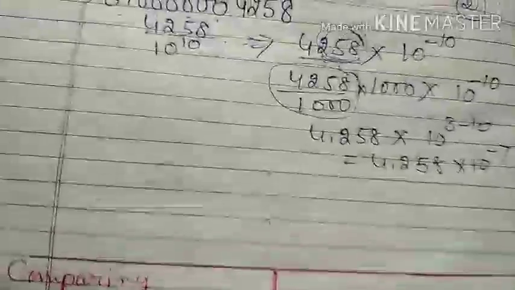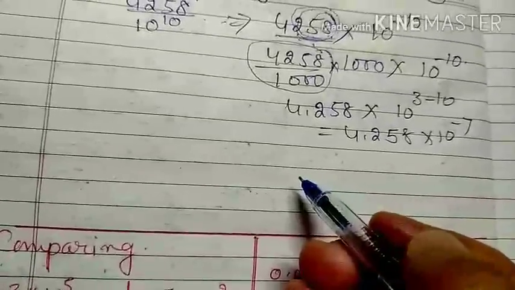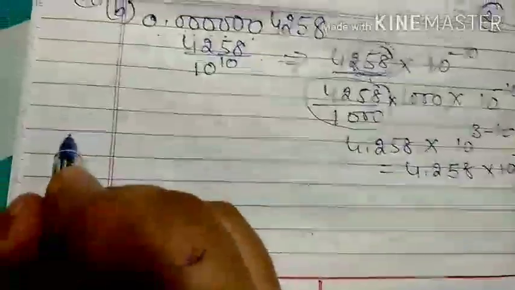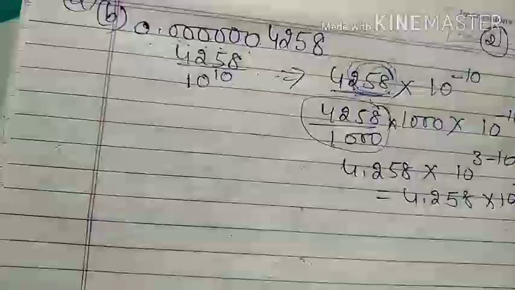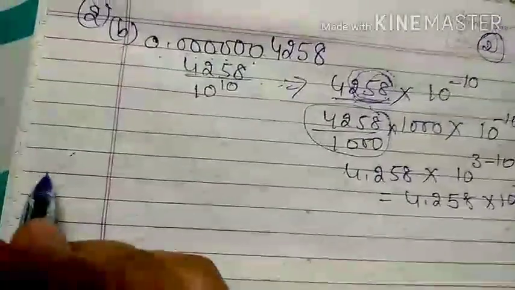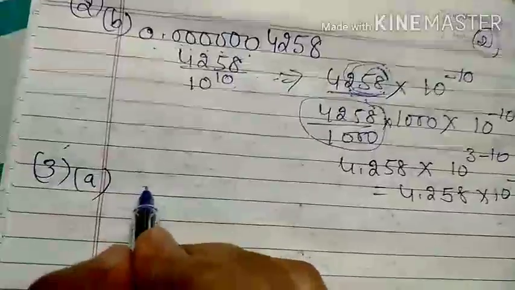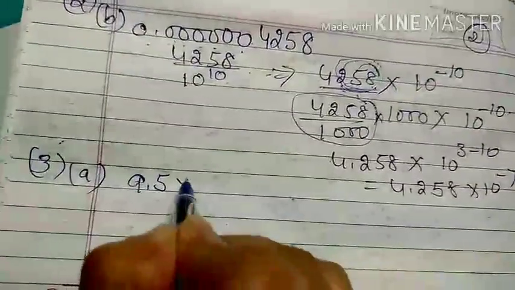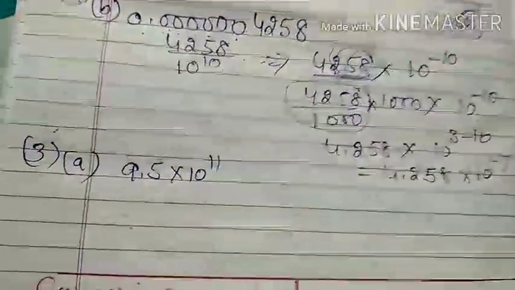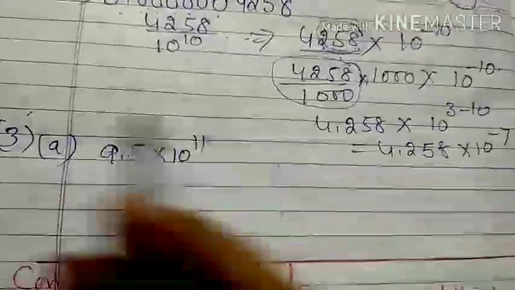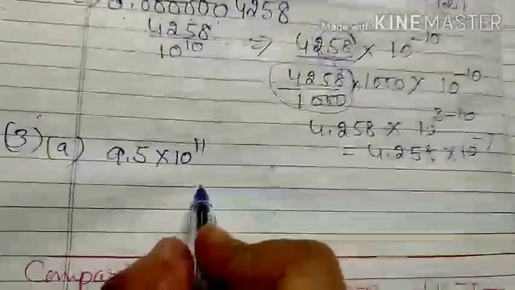Now next is, if I have a given standard form, I want to convert it into the usual form. Suppose I have a question, exercise third question A part. If you have 9.5 into 10 raised to power 11, you want to convert it into the usual, normal form.